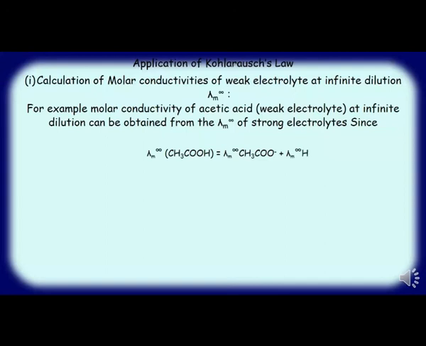Since at infinite dilution the contributions of anions and cations are independent, we can use this method. To get the lambda infinity of CH3COO minus, we use CH3COONa, which is a strong electrolyte. And to get the lambda infinity of H plus, we use lambda infinity of HCl. And then we subtract the lambda infinity of NaCl from it, so that you get the lambda infinity of CH3COOH.